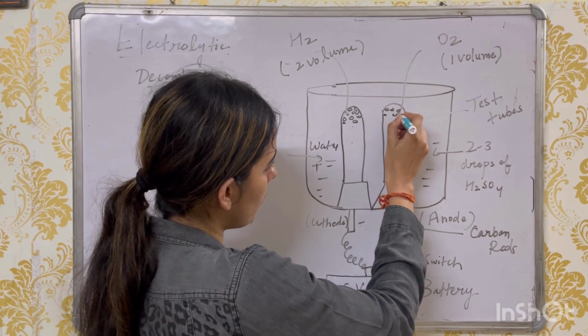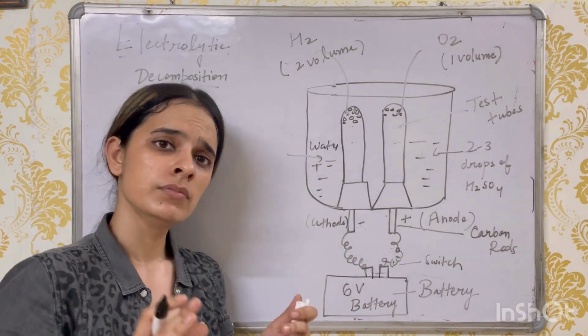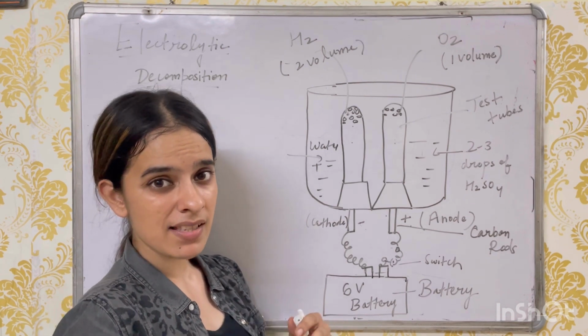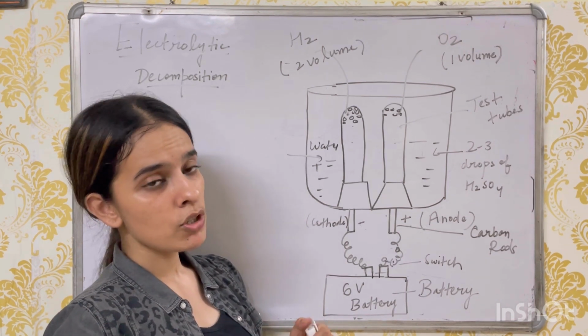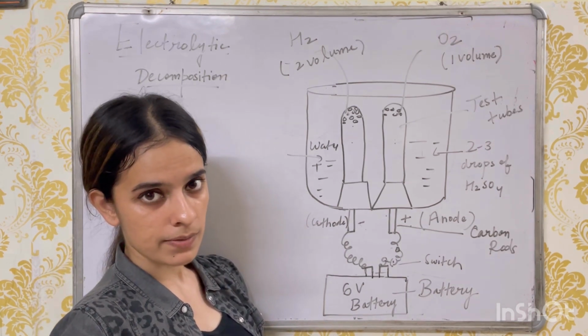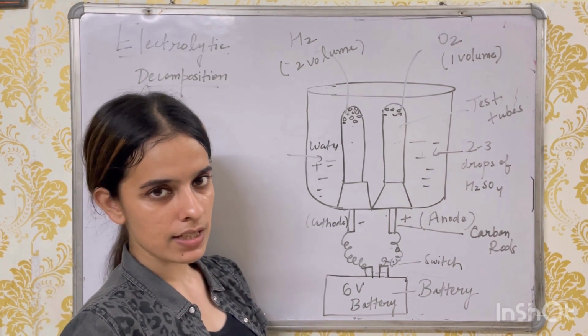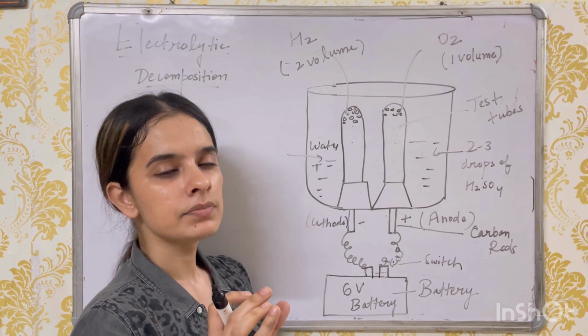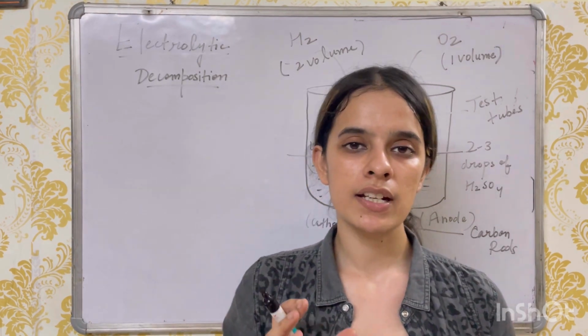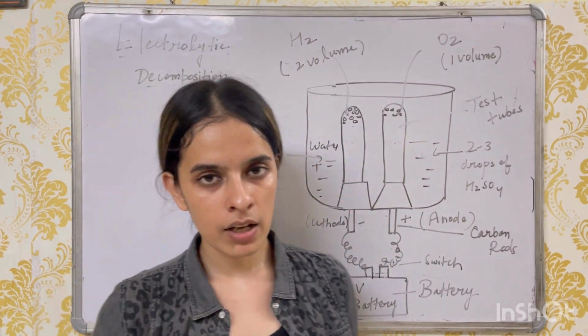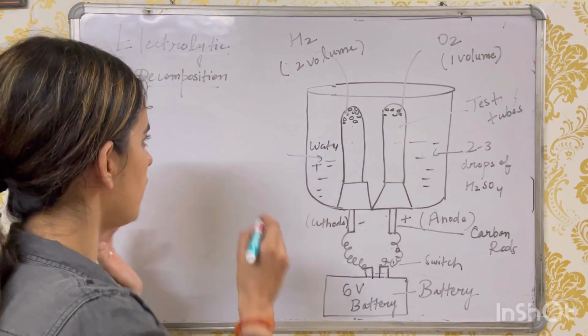Bubbles will start forming as the gases accumulate. Why? Because there is a flow of ions, due to the passage of electricity. The compound water breaks down.